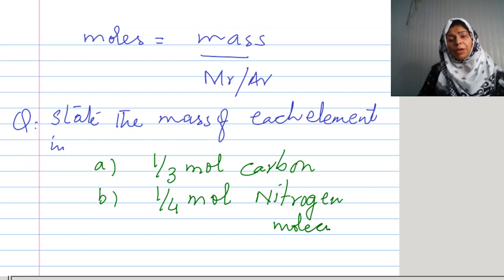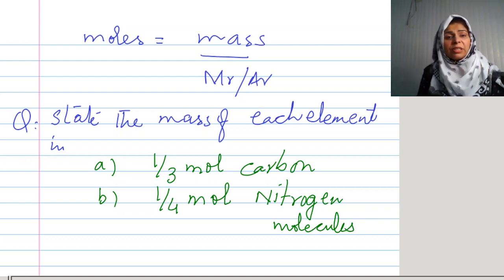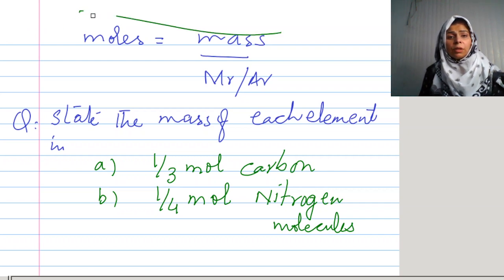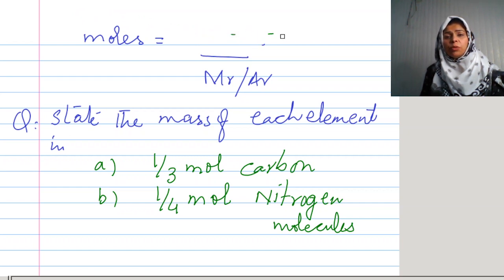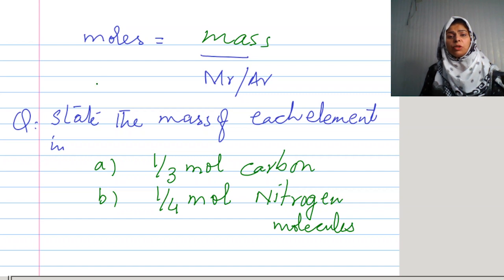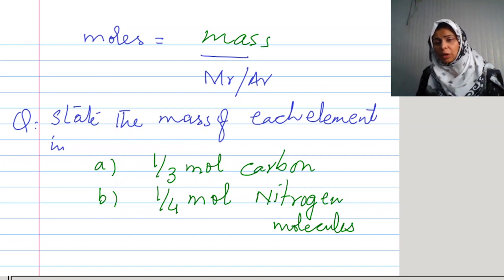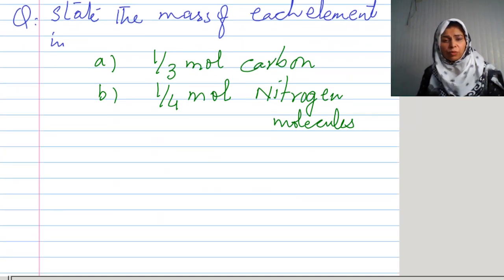Okay, we are going to solve both of these questions. We have the same formula, that is moles is equal to mass over Mr. So how can we put the values in this formula?